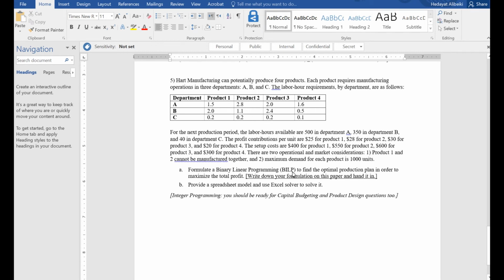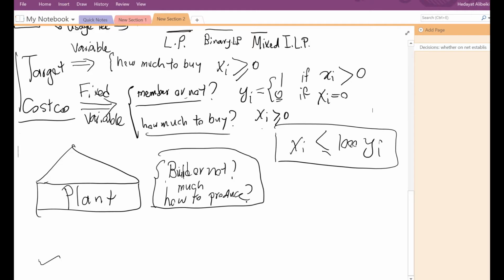So we want to formulate a binary integer linear program to maximize total profit, and then solve it through Excel. So let's get started. Let me just go here.